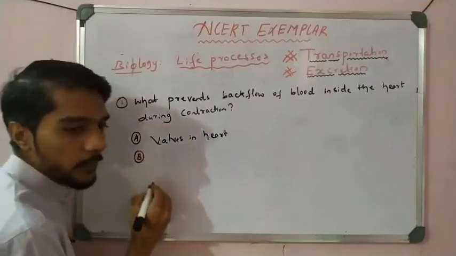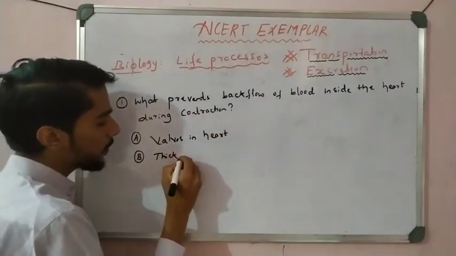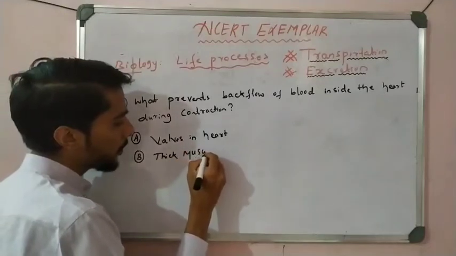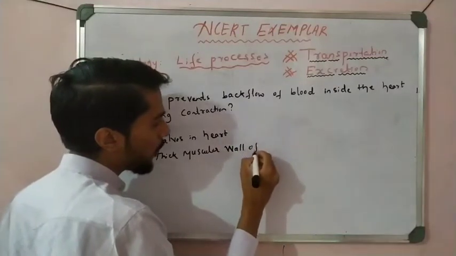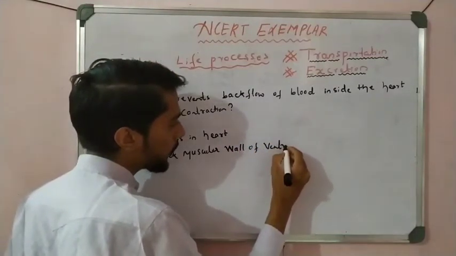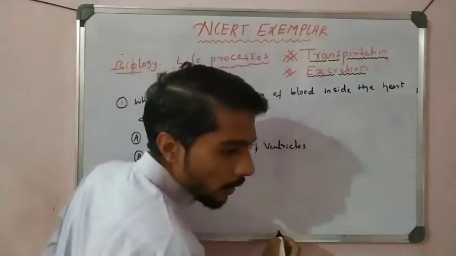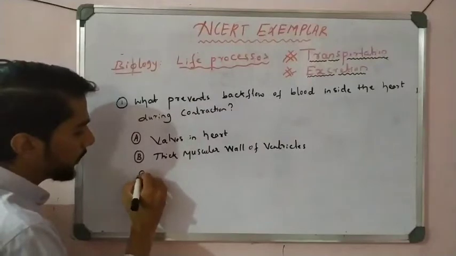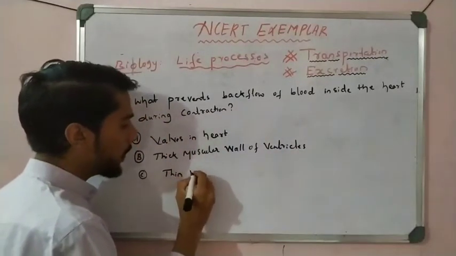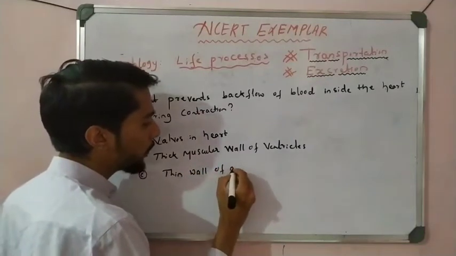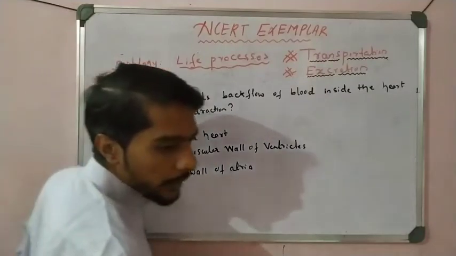Option B, thick muscular walls of ventricles. Option C, thin walls of atria. And option D, all of the above.